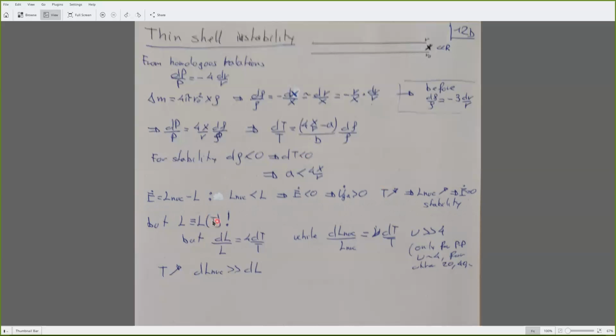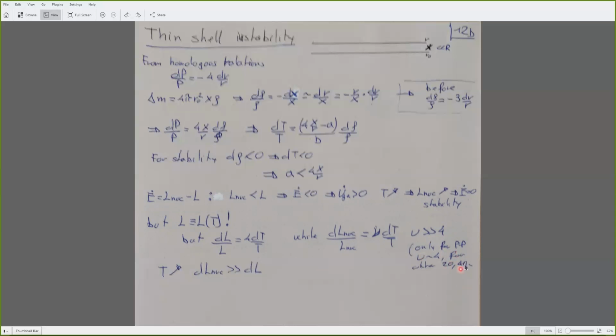If we also consider that the luminosity depends on the temperature, as we saw, the relative variation of the luminosity with the temperature is just 4, while for the nuclear luminosity it is proportional with the coefficient nu, which is usually definitely bigger than 4, except for the proton-proton, but for CNO it is above 15, 20, several values.